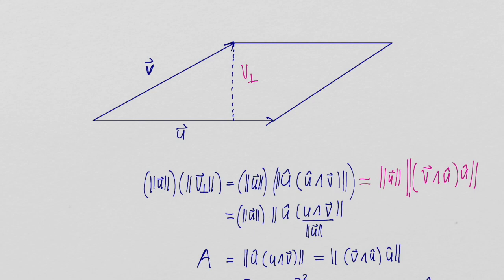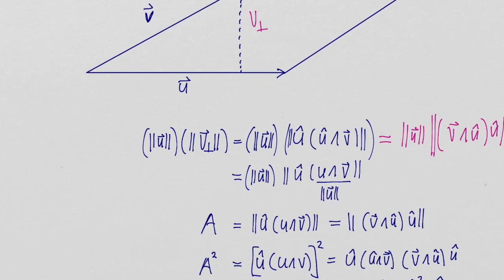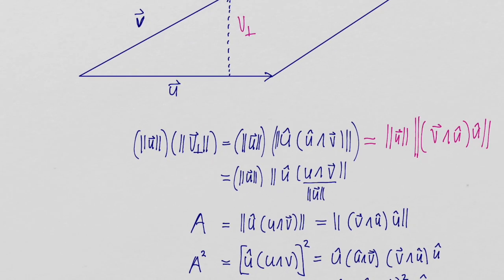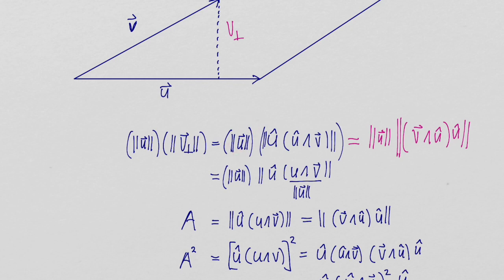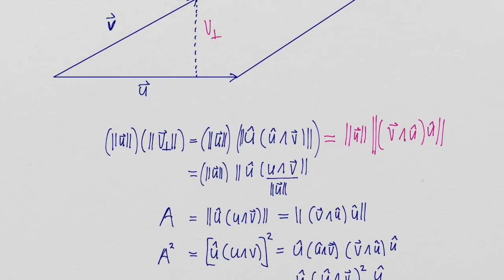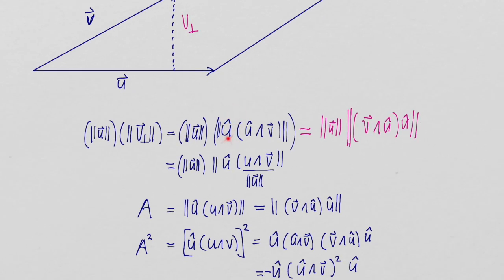And so I need the magnitude of u times the magnitude of v rejection. Well, the magnitude of u we can just calculate from knowing u. We now know how to calculate v rejection two ways. We can calculate it as the geometric product of u times the bivector u wedge v, or the geometric product of the bivector v wedge u with u, right? We have those two options.